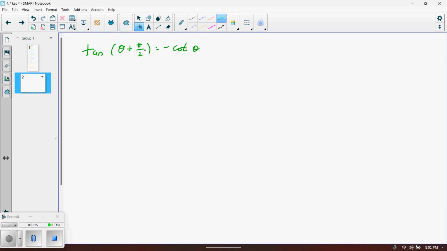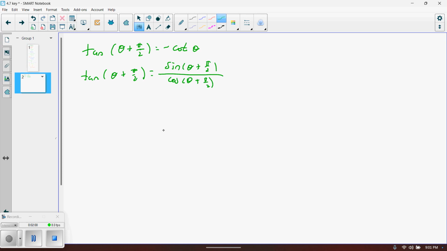All right. So this is what we're going to do. We are going to basically say that tangent is the same as sine over cosine. So we know that tangent of theta plus pi over 2 is the same thing as sine of theta plus pi over 2 over the cosine of theta plus pi over 2.